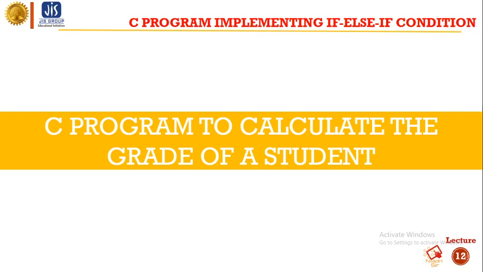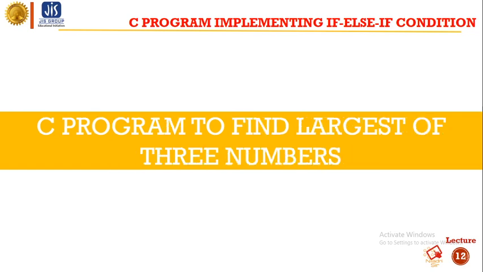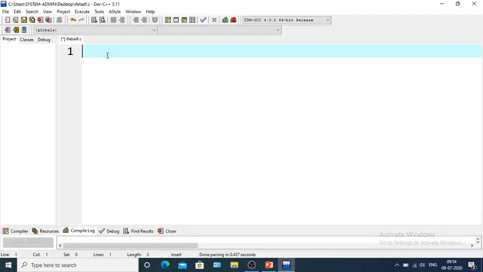Next we will do another C program to find the largest of three numbers using this else if condition. So let's do the program. At first, hash include stdio.h.